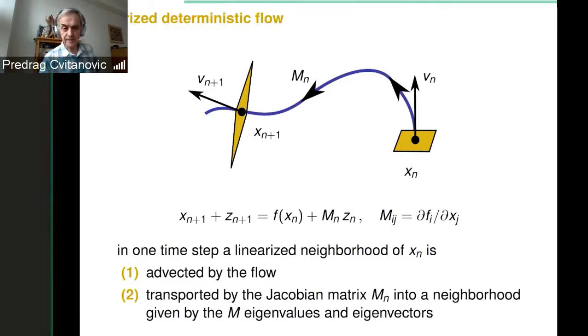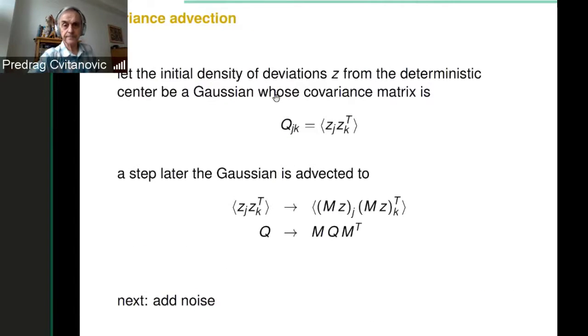But when the noise comes in, I have to describe the initial point. I don't have it as a precise point. I have it as a covariance, as an ellipsoid. If I measure 1,000 points in this neighborhood, they sit in an ellipse.